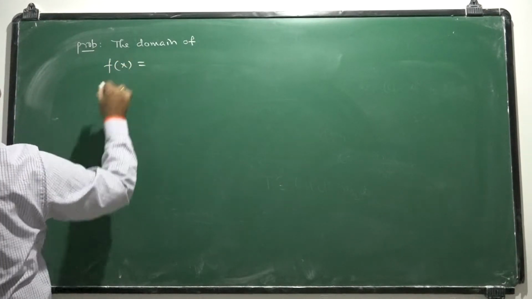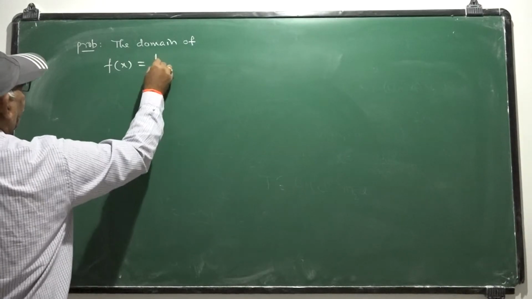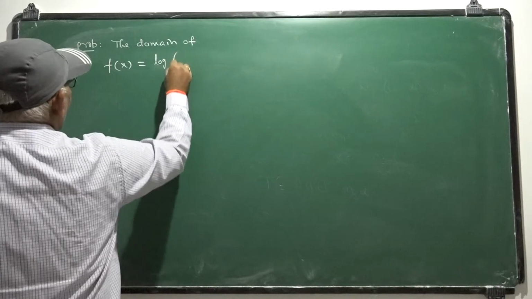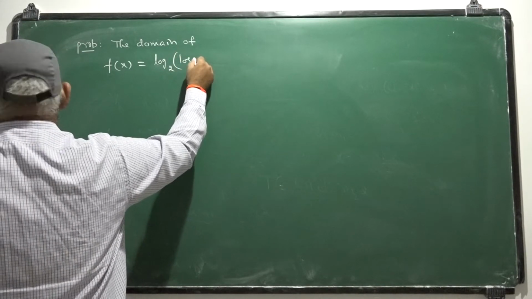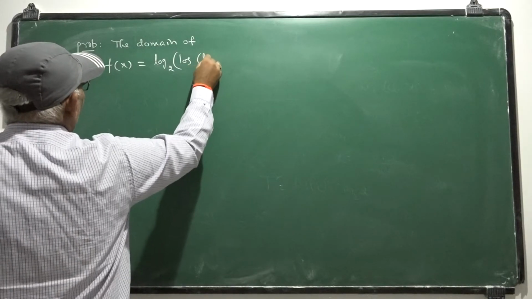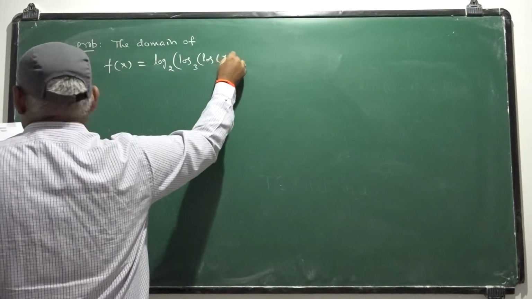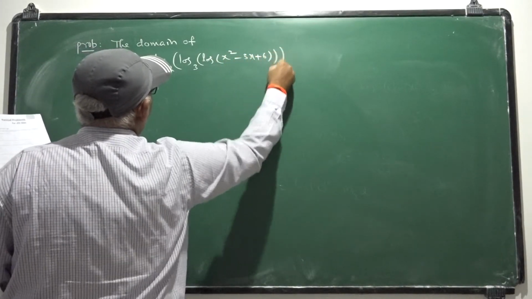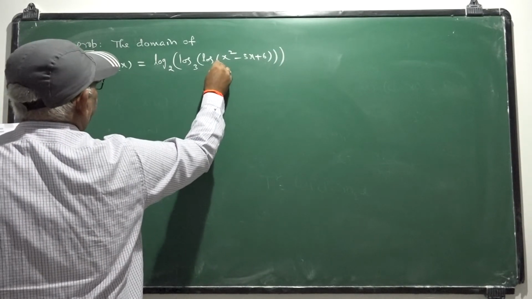f(x) equal to log to the base 2 of log to the base 3 of log of x square minus 3x plus 6 to the base 4.